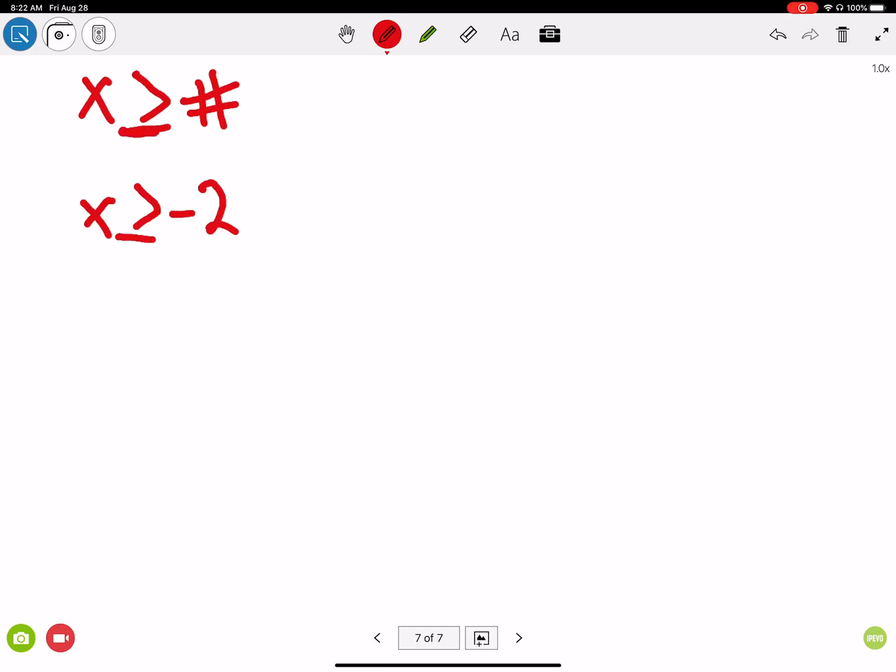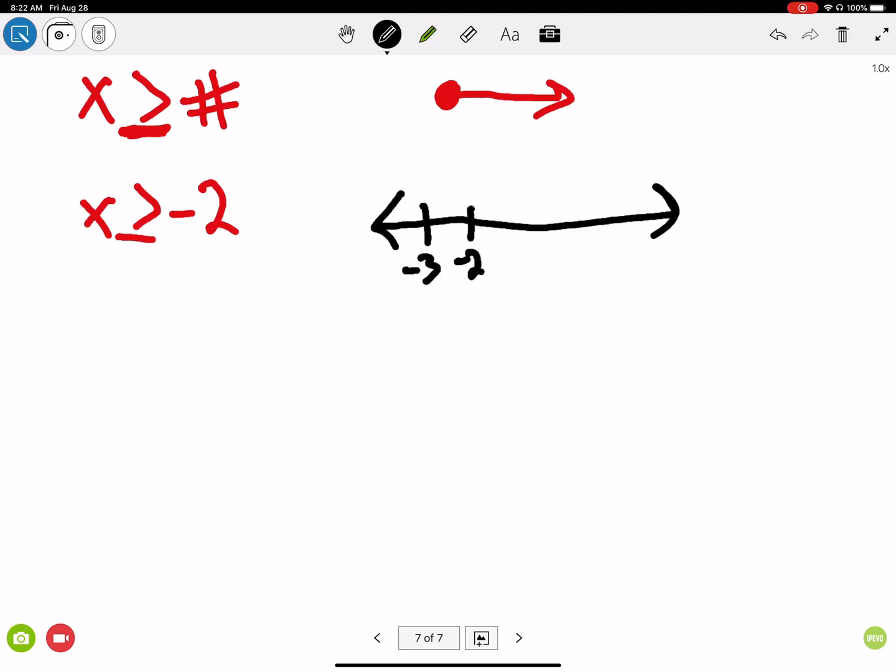Well, because of this or equal to symbol, we're going to make it an inclusive circle. And if x is greater than a number, to show numbers greater than, which direction are we going to go in? Good, the right. Okay. So now, when I make my number line, -3, -2, -1, 0, 1, 2.